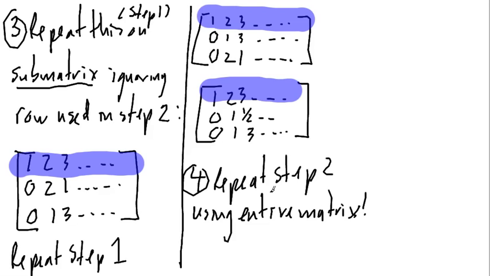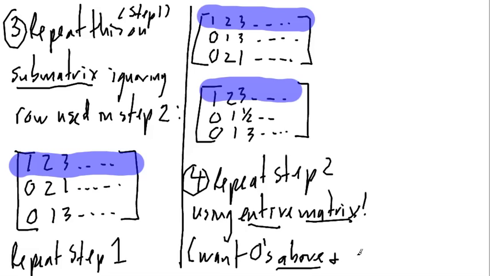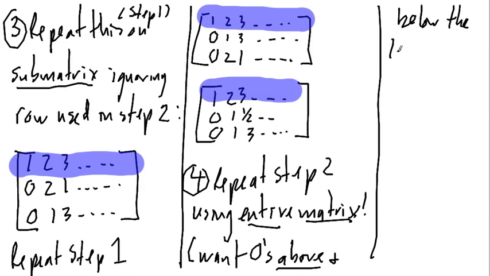So this time we want zeros above and below the 1 in the row that we just worked on.